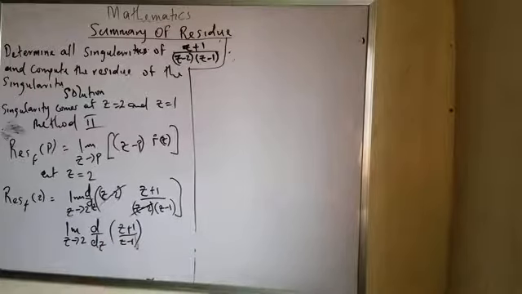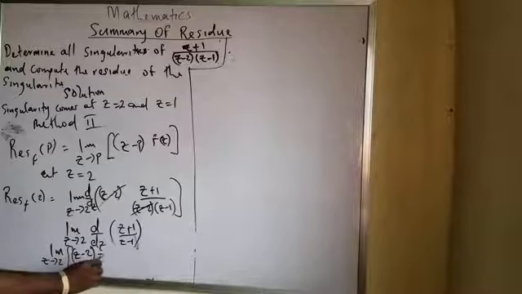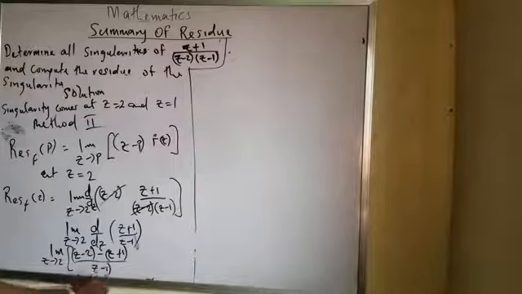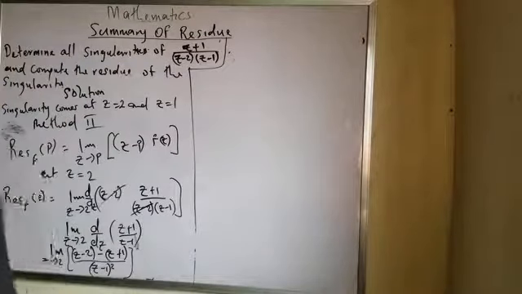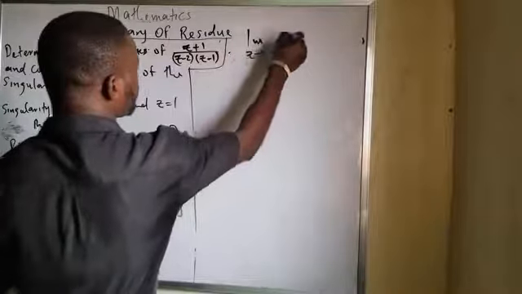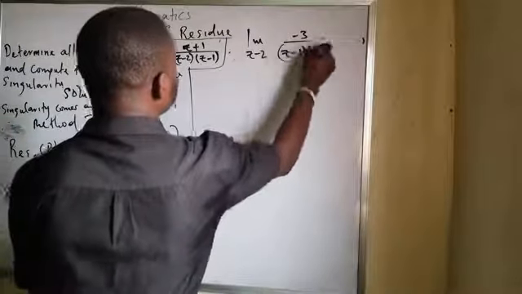Now I will differentiate it with the function of a function, so I'll have the limit of z to 2 of, if I differentiate this, (z minus 1) minus (z plus 1) divided by (z minus 1) squared, which gives minus 3 over (z minus 1) squared.